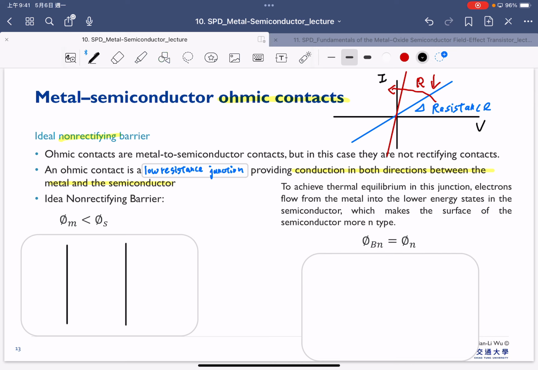As usual, the left hand side is our metal and the right hand side is our n-type semiconductor.